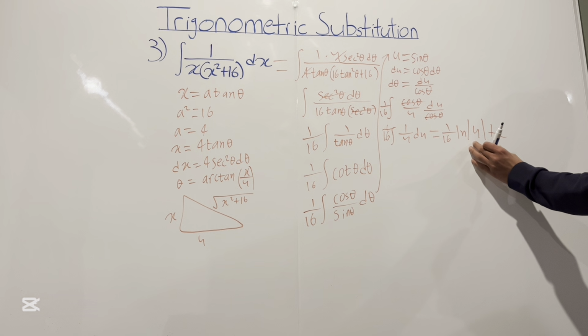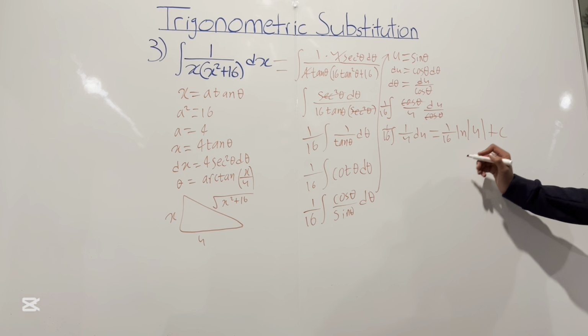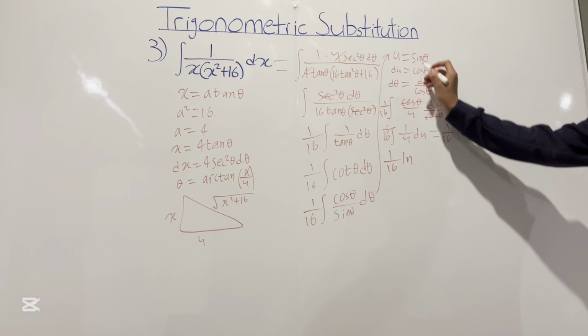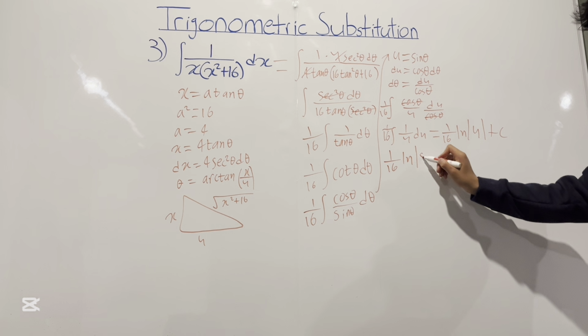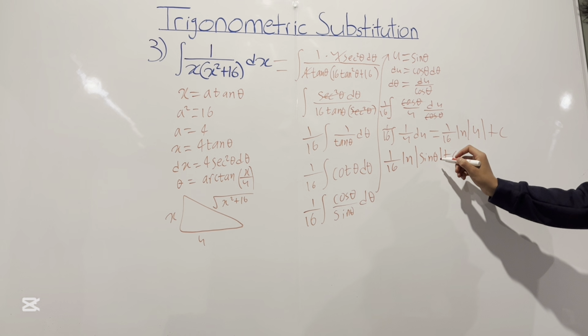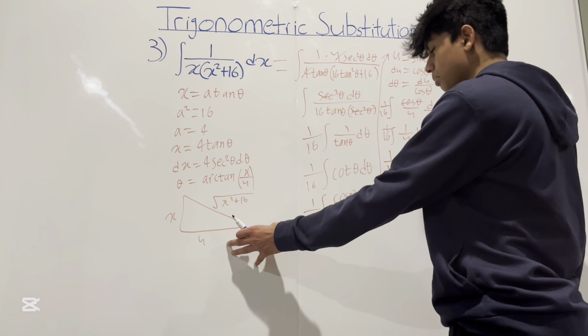Now, since we started with x, we have to go back to x. So from u, we have to go to theta to x. First, this is going to be 1 over 16 ln, and u we set was sine theta, so sine theta plus c. And sine theta, if we look over here, sine is opposite over hypotenuse.